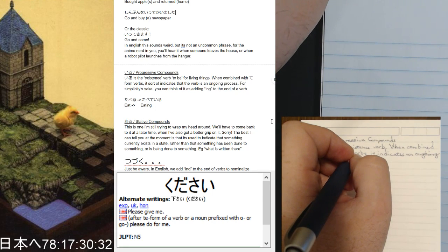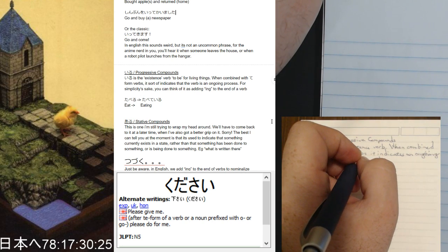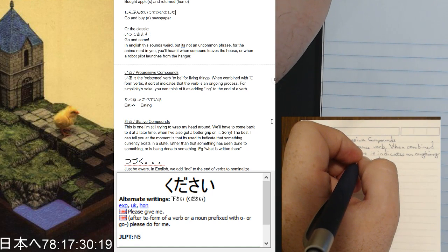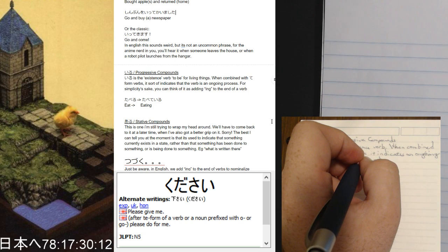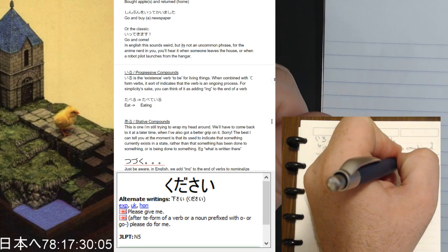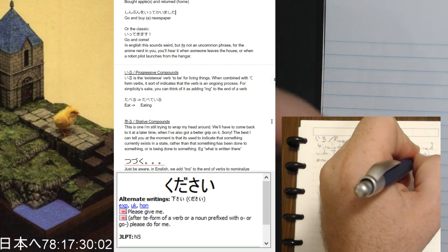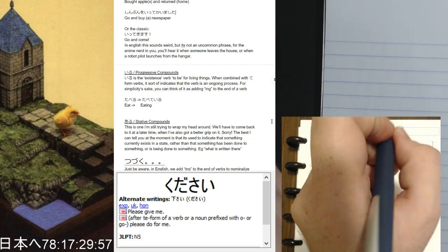I think it's also important to know that you will sometimes find that iru is used in Japanese for any situation where in English we might not necessarily do this, where arguably the verb is something that you're doing over a long period of time. In English, we might say something like, I live in California.